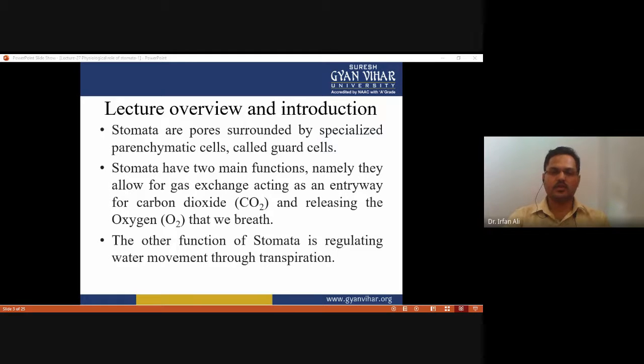This process is called transpiration, and it creates a transpiration flow, which helps in the continuous transport of water into the plant. So these are the functions of stomata.